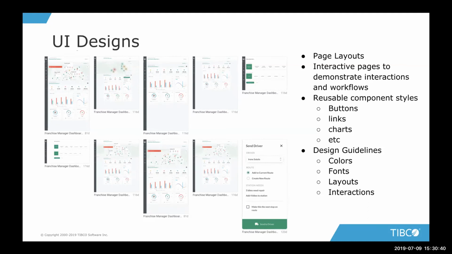And that's where the actual UX design comes in, where we're going through and building out these sample pages and prototypes, and also figuring out these reusable components that we can use throughout the site. Basically getting this design language defined for the application: colors, fonts, layouts, interactions, stuff like that. So that's where this part comes into play.